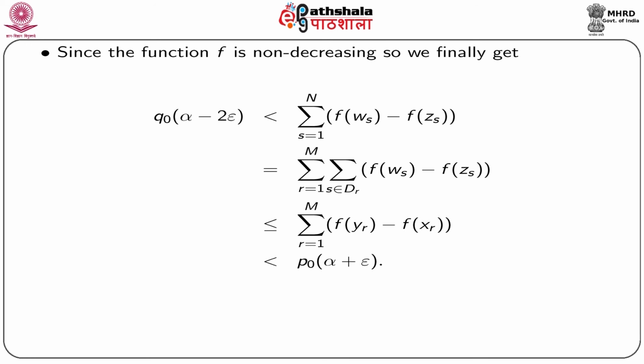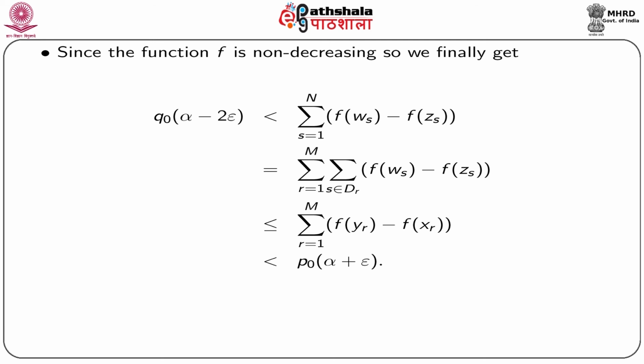We can rewrite this sum as the sum over r = 1 to M, of the sum over s belonging to Dr, of f(Ws) minus f(Zs), and this is again less or equal to the sum over r = 1 to M of f(yr) minus f(xr), and we have already shown that the right hand side is less than P0 into (alpha plus epsilon).